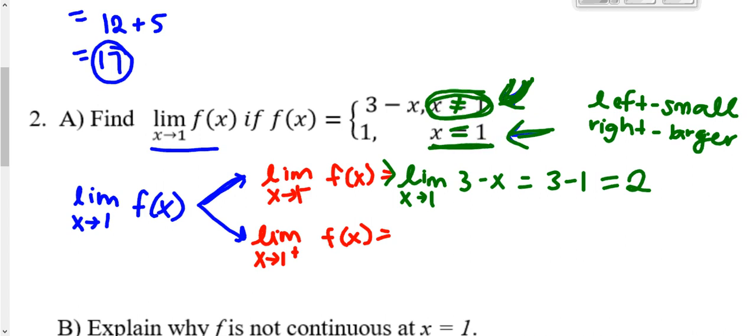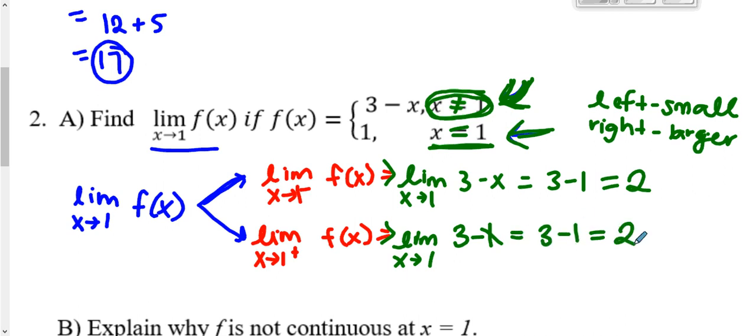When we're talking about limits, we're talking about on either side. So again, we're finding the limit as x approaches 1 of 3 minus x, and it gives us the same thing. So the limit as x approaches 1 of f of x is equal to 2.